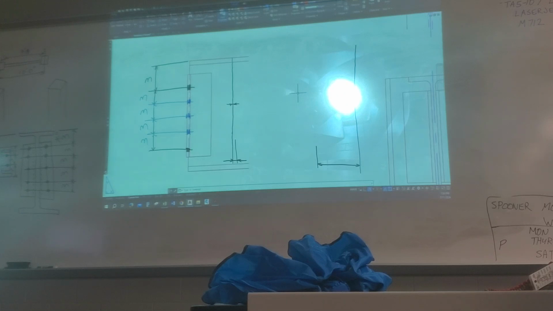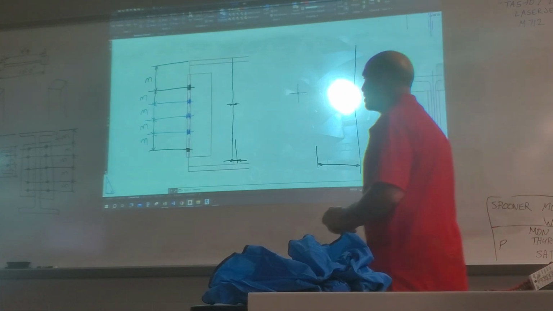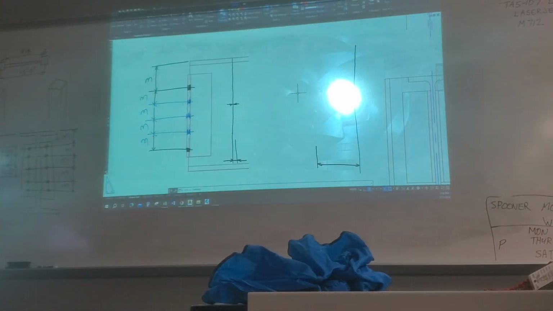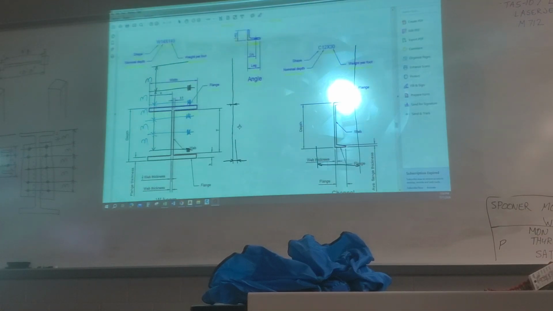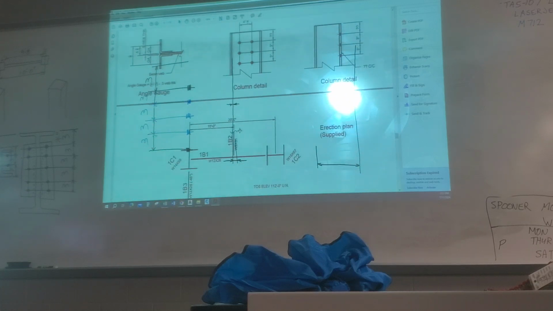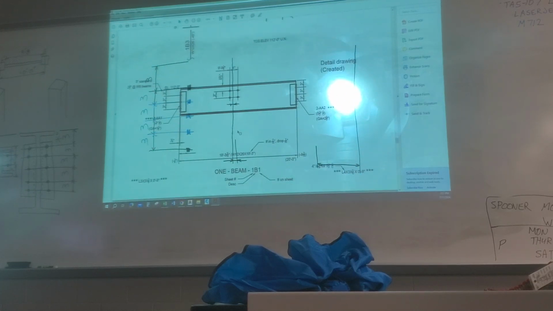And you will be filling in the number of rows right there. So just like I did in blue right there, you will be doing this measurement right down here.